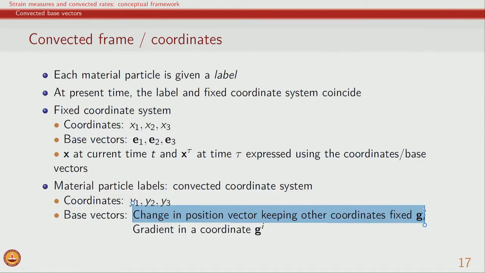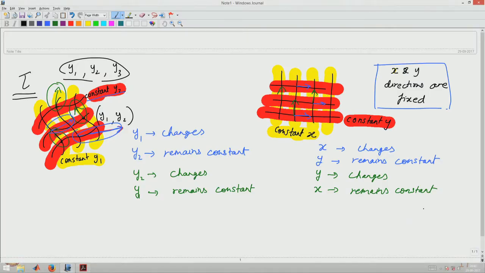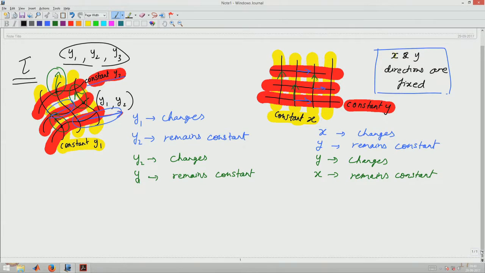Now, we can look at the other possibility also. We can draw the same grid again, which is basically indicating the material which is deforming.